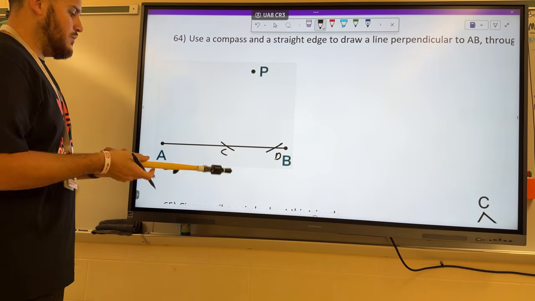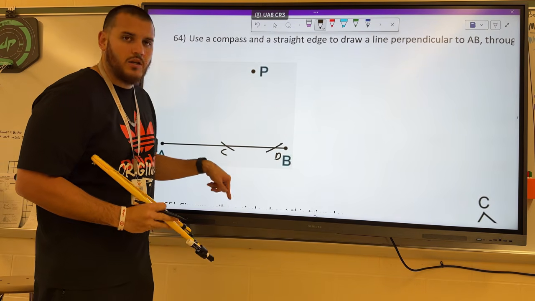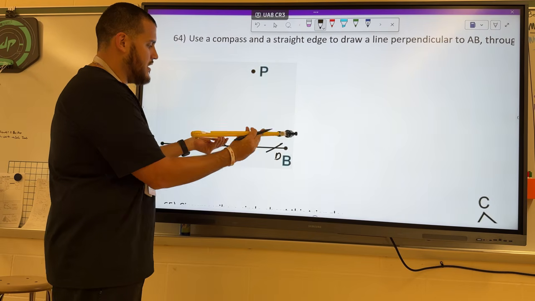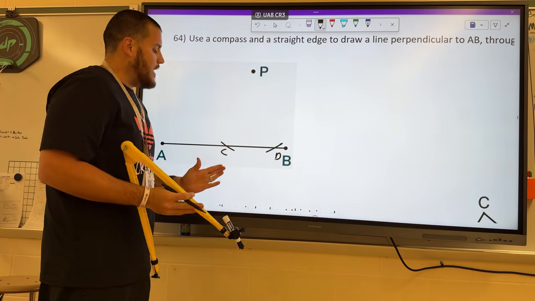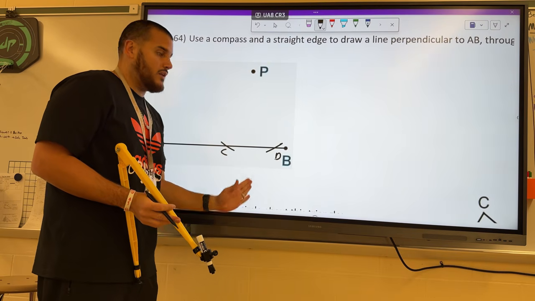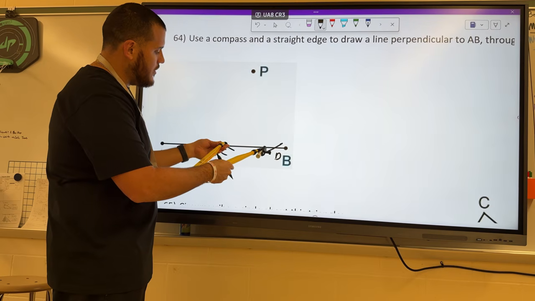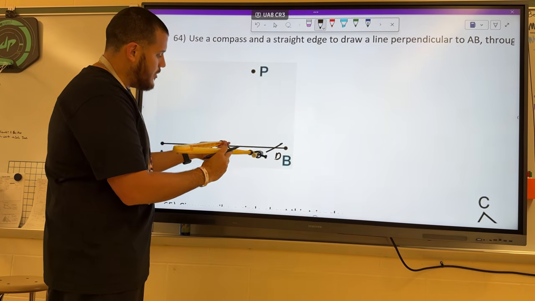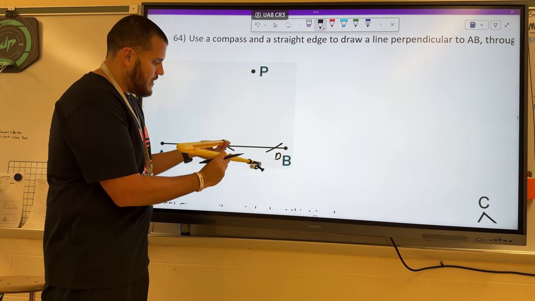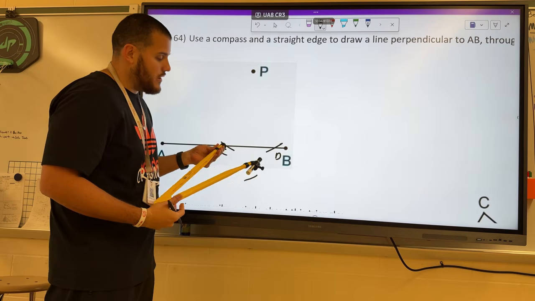Okay, so the way that we do this now is by taking our compass and creating arcs below. We already know point P is a spot that would be perpendicular above these two. As long as we get a point below it that is good, I can connect point P to that point. So I'm opening my compass a little bit more than halfway between C and D. I'm going to put my compass on one end point here, C, and I'm going to make an arc below, just as I did for perpendicular bisectors.